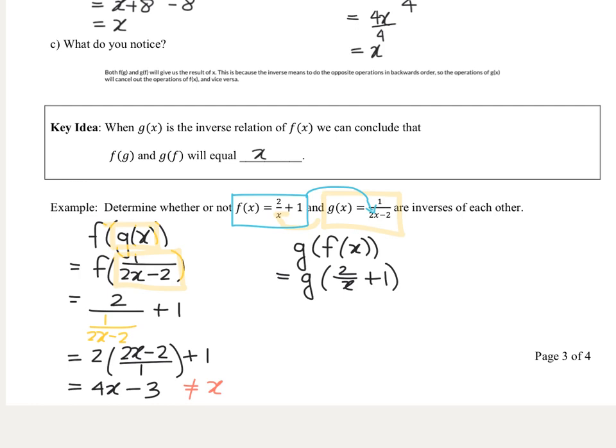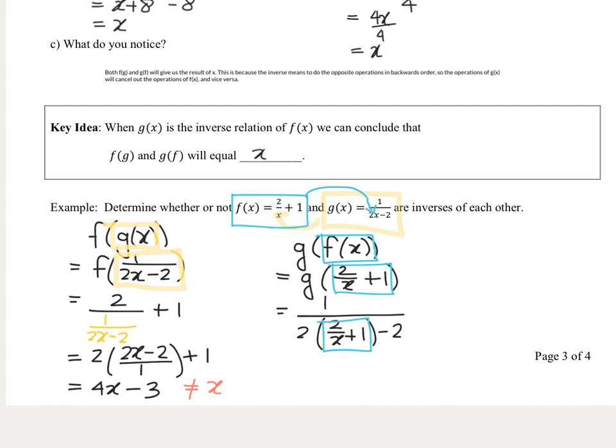So that means this is going to give us 1 over 2 times 2 over x plus 1 minus 2. Okay, so that f of x, which is 2 over x plus 1, we substituted into the place of the x in g of x.